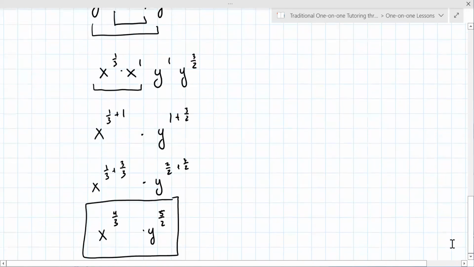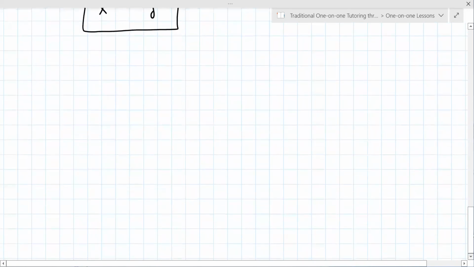So let's try another one here that I'll make up. This is just an example. Let's say it's u squared v to the 1/2 times u v to the 1/5. Okay, let's try this one here.